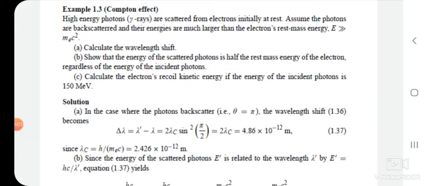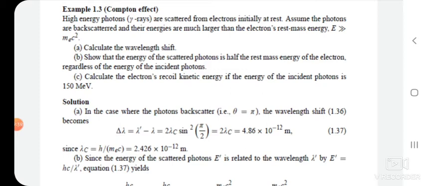If we substitute the value, here we are going to convert this lambda c in terms of h by mec, because lambda is nothing but h by p.